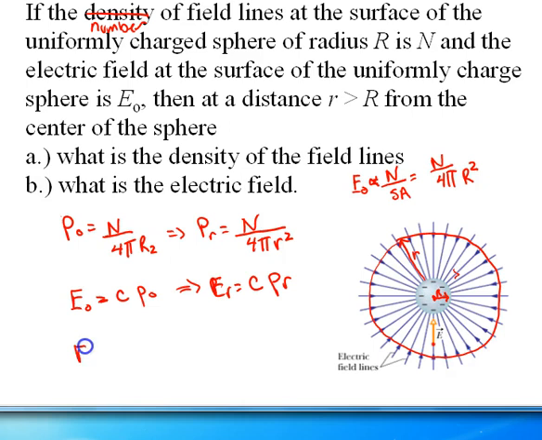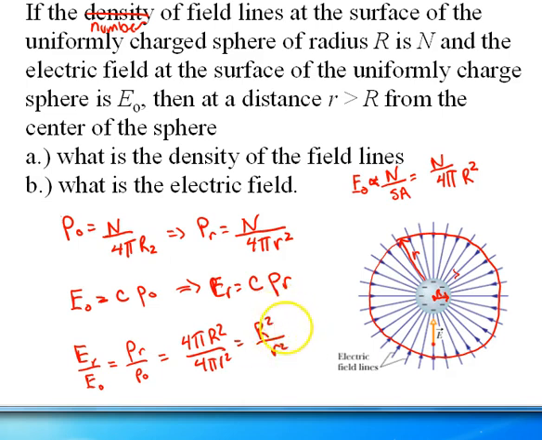So we're asked for that electric field at capital R. The electric field at radius R, compared to the electric field at the radius of the sphere, is going to be the ratio of the two densities, so it's going to be 4 pi r squared over 4 pi R squared, or r squared over R squared.